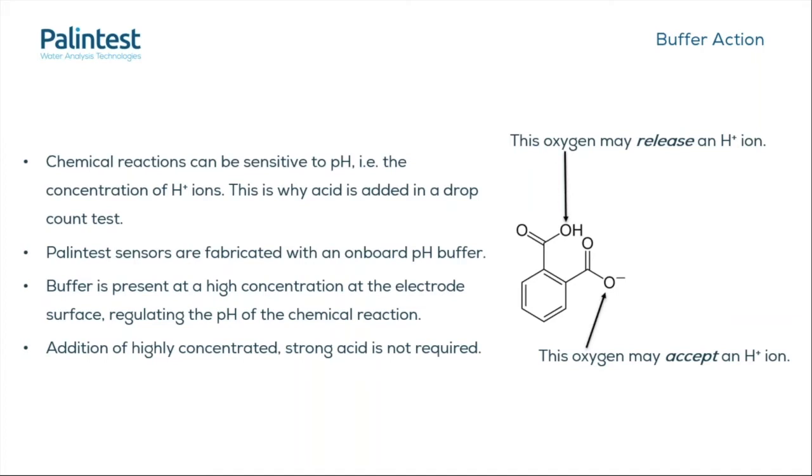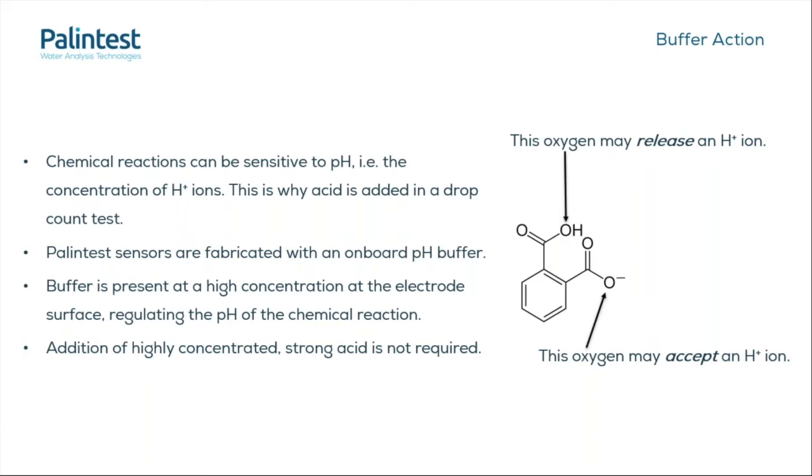So the eagle-eyed amongst you may have noticed in the peracetic acid slide in the chemical reactions that not only have we got the potassium iodide and the analyte, we've also got protons, which are hydrogen ions, present in the reaction. And the pH really is just a measure of the concentration of those hydrogen ions. If you've ever done a drop count test or a titration for peracetic acid, you'll have had to add acid drops, and this is to control the pH.